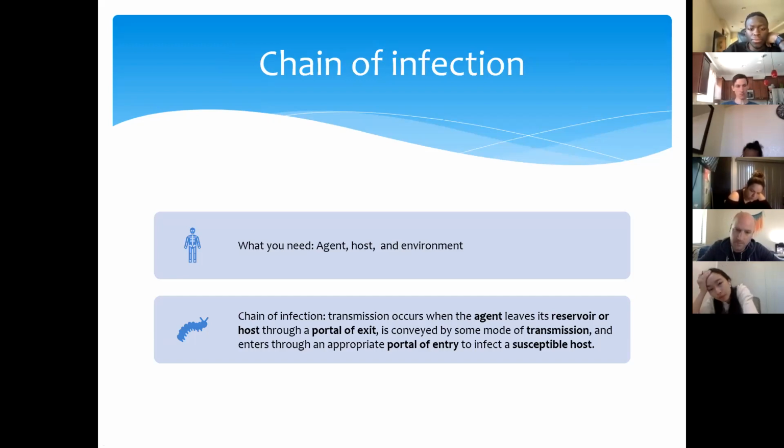And then through a portal of entry. If we touch an escalator handle and then rub our nose, the portal of entry would be the nasal passages. And that's when the microorganism can infect a susceptible host.